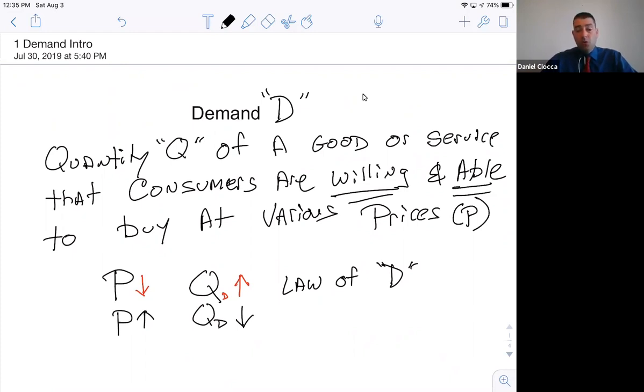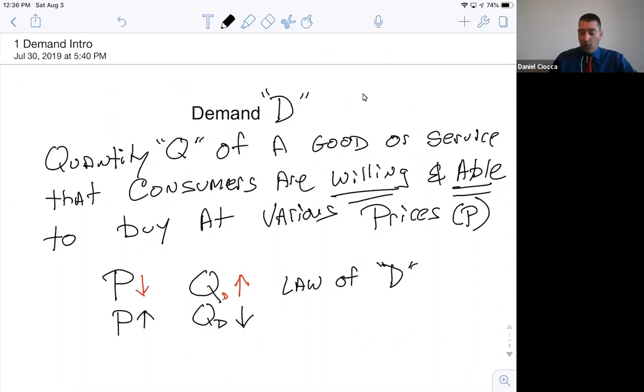Well, there's two reasons that economists have found this inverse relationship between price and the quantity of customers willing and able to buy. And I know what you're sitting there. You're saying, yeah, the first one's common sense. Well, that's probably true, but as scientists, we just can't apply common sense. We have to find out the reason why.